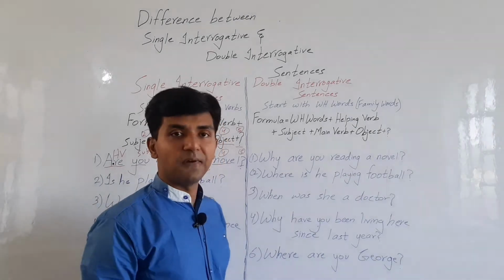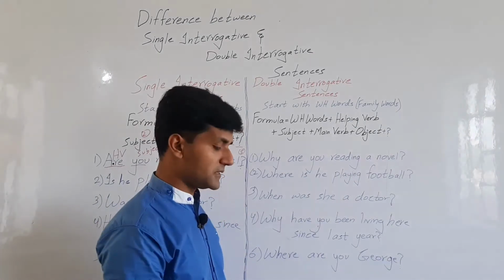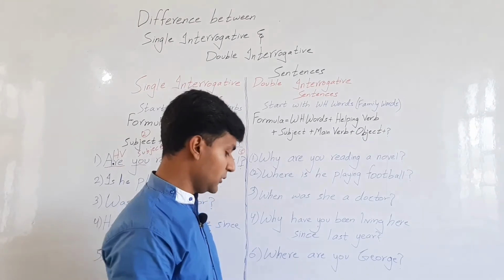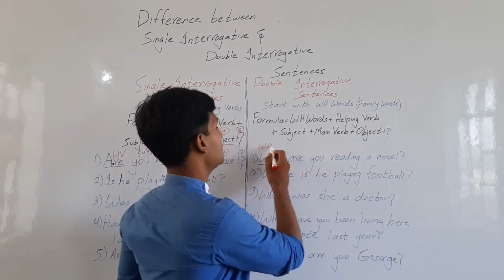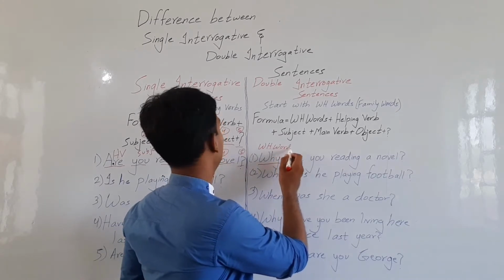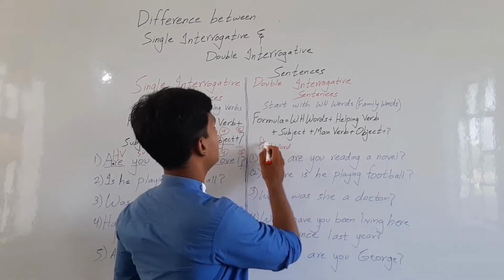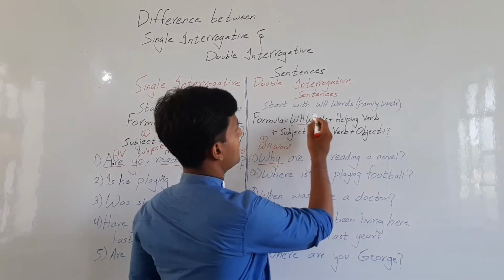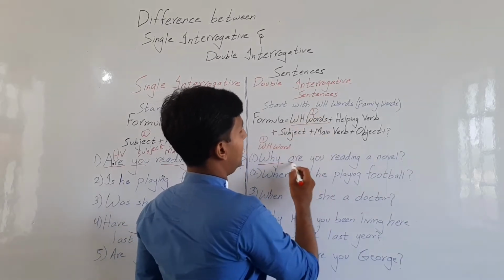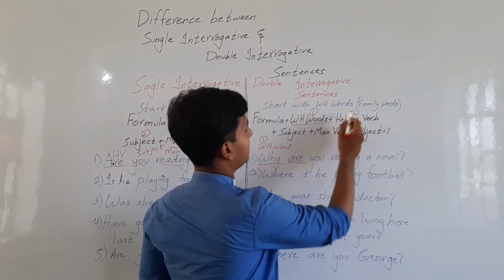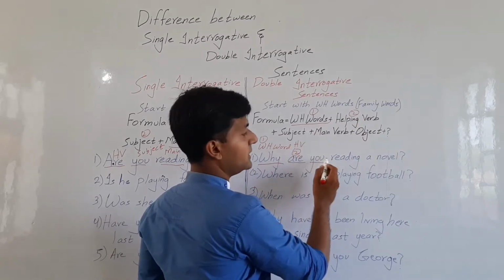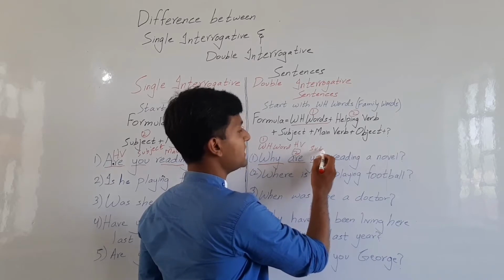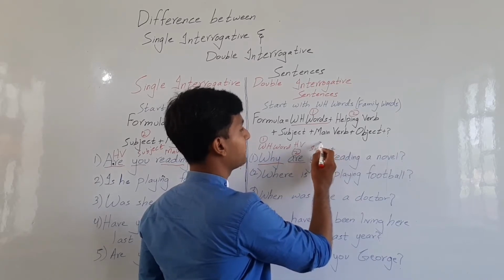Have you felt a difference? Yes, there is a difference: we have added a WH word, which is at the first position. So this is the WH word, and then there is the helping verb, and then there is the subject at number third.